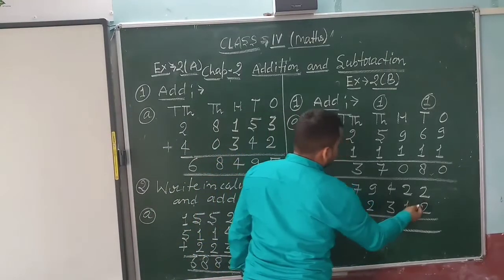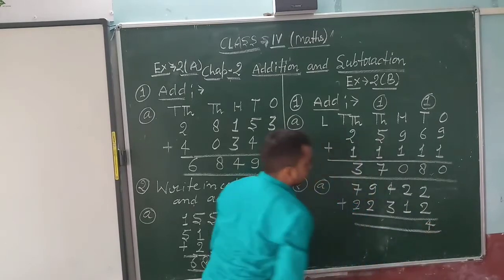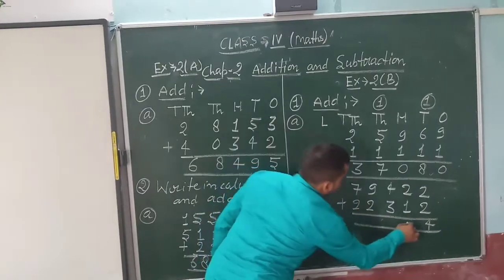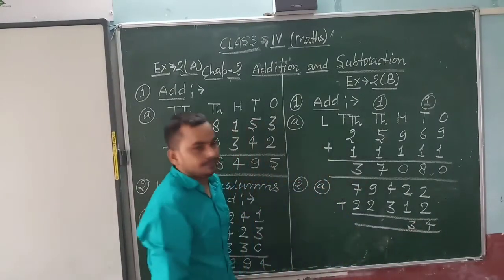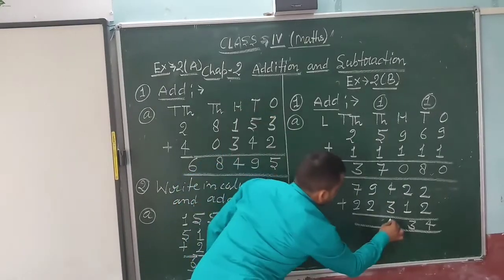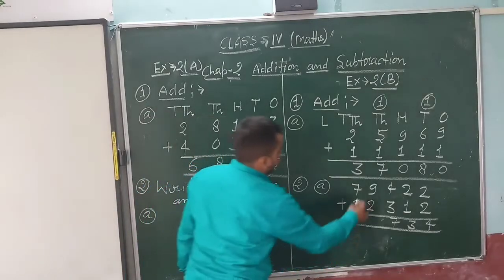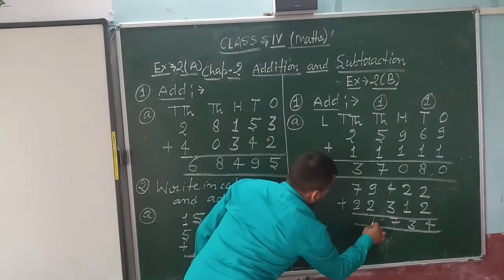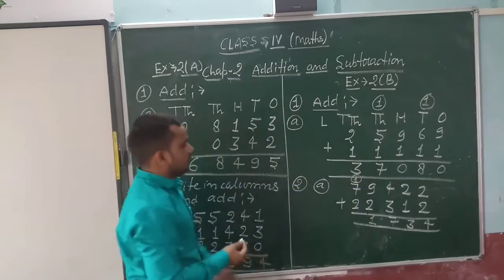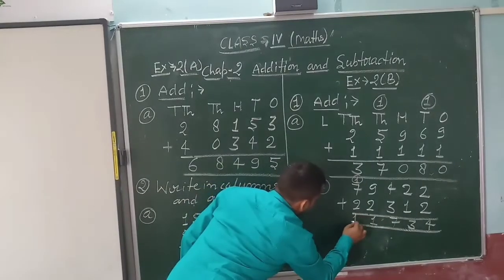First you add 2 plus 2, 4, 2 plus 1, 3, 4 plus 3, 7, and 9 plus 2, 11, carry out 1, and 7 plus 2, 9, and 9 plus 1, 10.